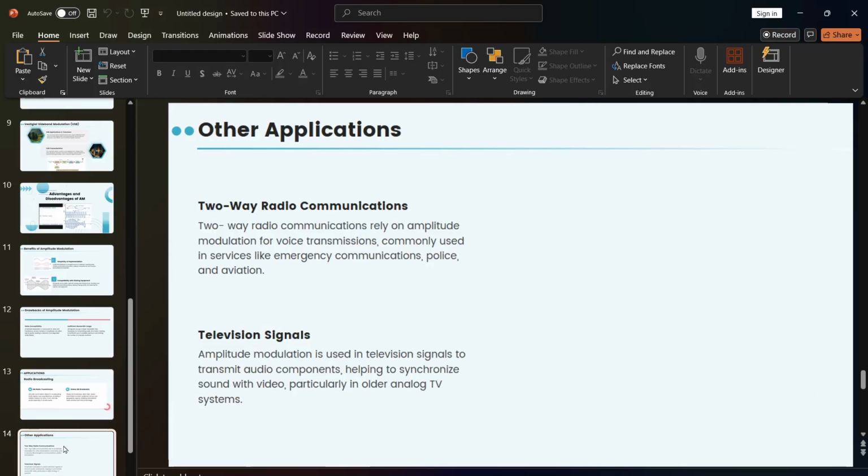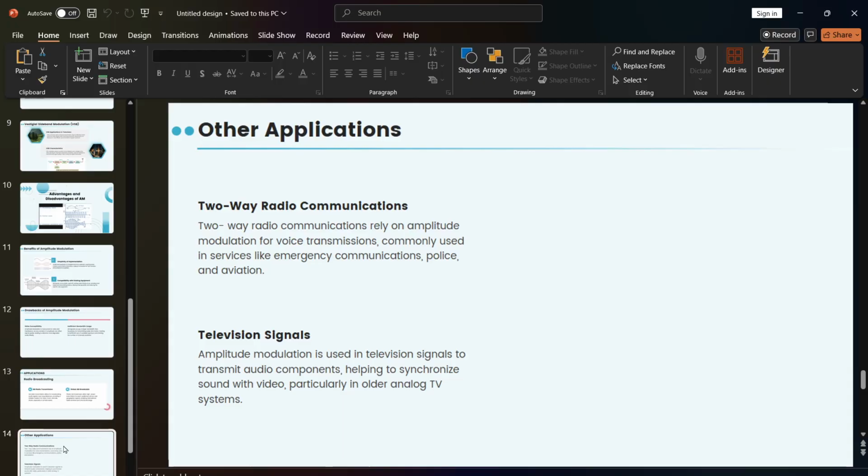Now, other applications we have are two-way radio communications and television signals. Two-way radio communications rely on amplitude modulation for the voice that is transmitted, and they are commonly used for emergency communications, police, and aviation.